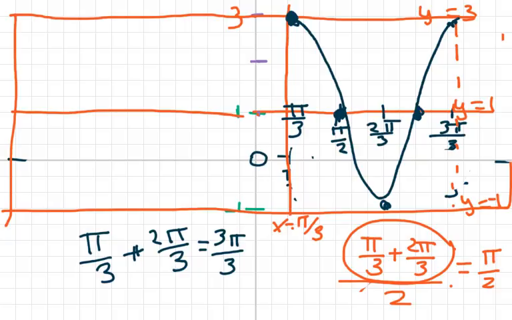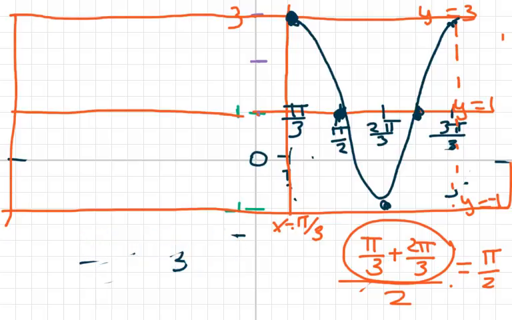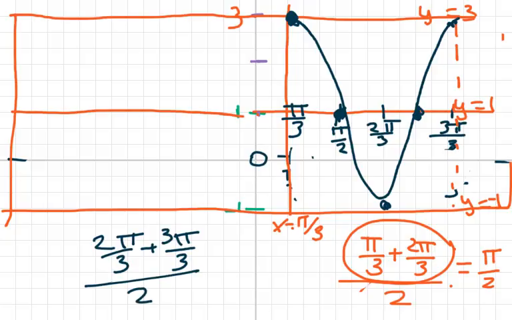And then to get this point here, I have to add, let me erase this part. I'm going to add these two, 2 pi over 3 plus 3 pi over 3. Now, do you see why I left it like this? Because now we have the same common denominator. And we get 5 pi over 3, 5 pi over 3 divided by 2, which equals 5 pi over 6.